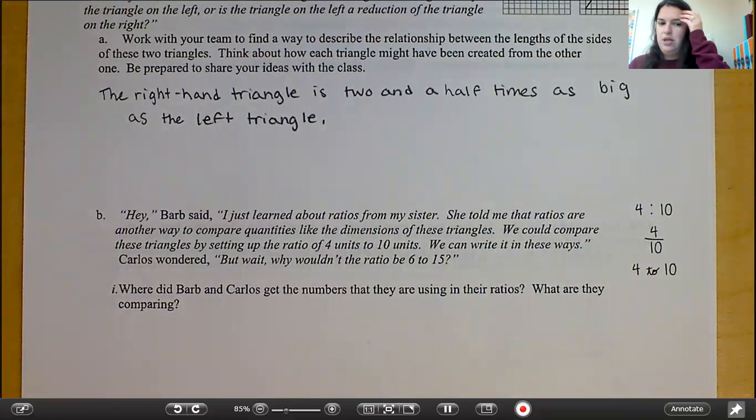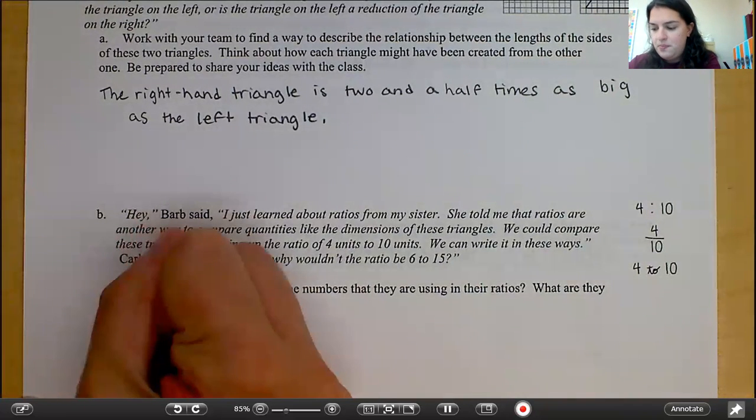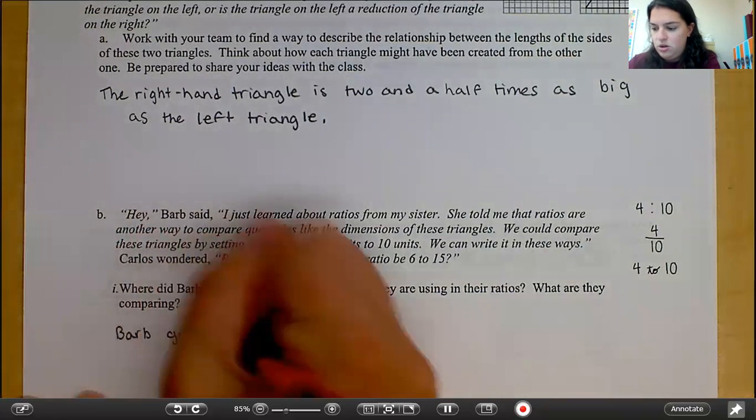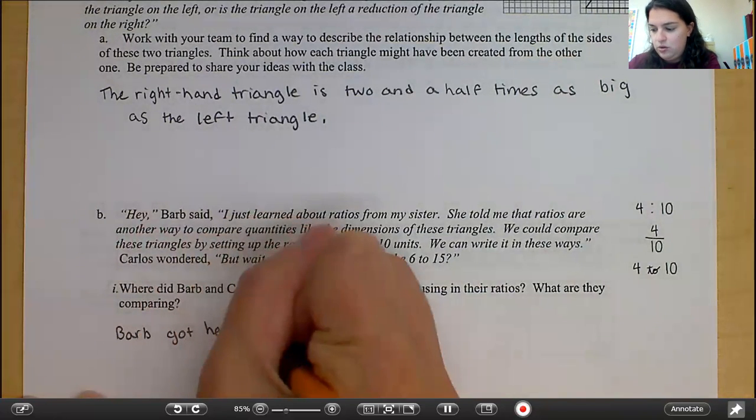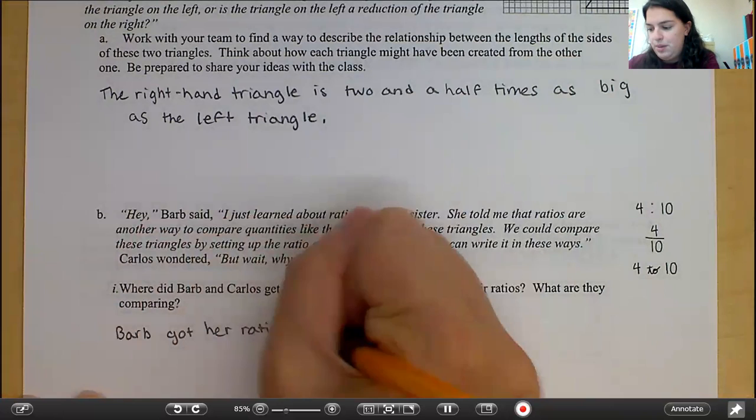Okay, if you're back with me, you've answered part 1. You should have said that Barb got her ratio from comparing bases.